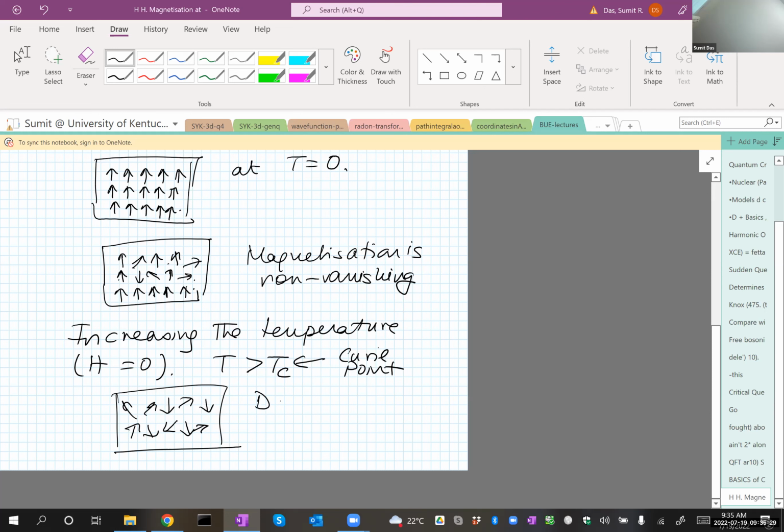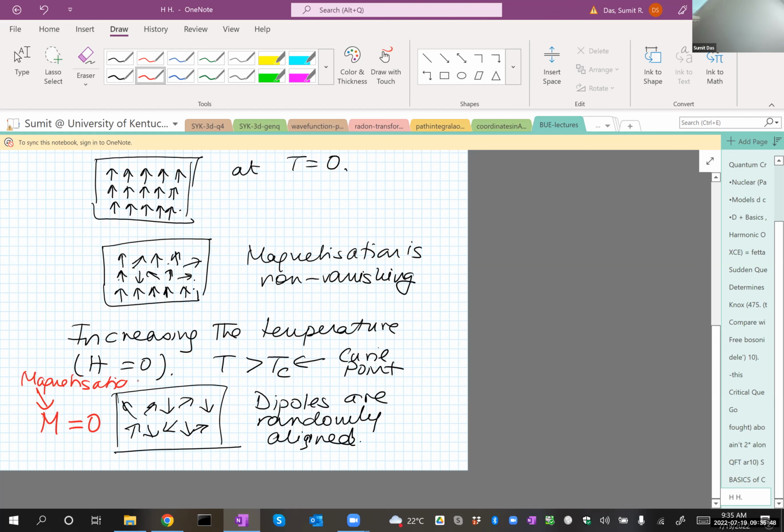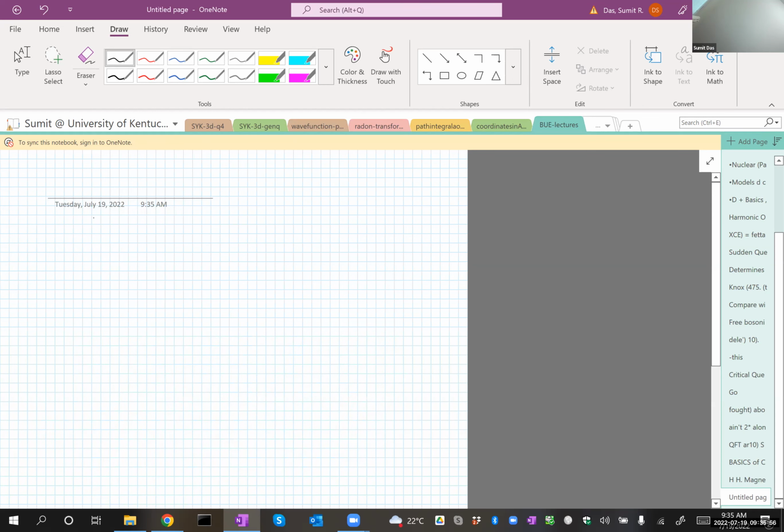All the dipoles are randomly aligned. This means the magnetization, which is the average of the dipole moments over the entire sample, becomes 0. The point T equal to Tc at H equal to 0 is another example of a critical point.